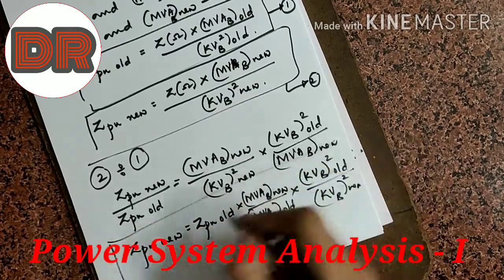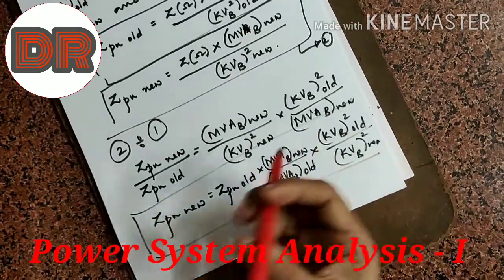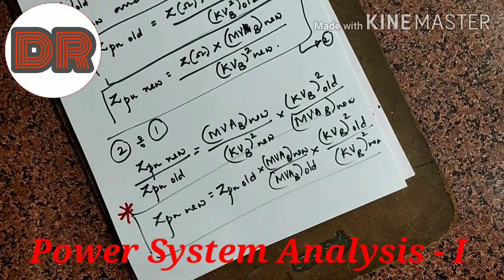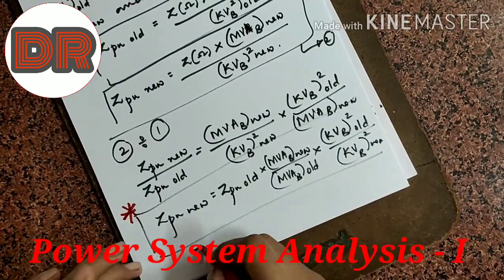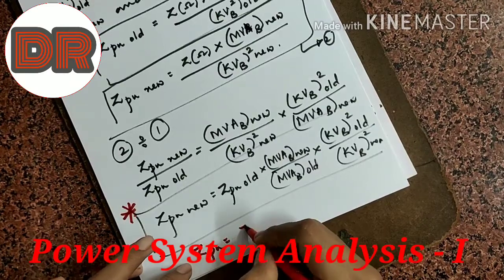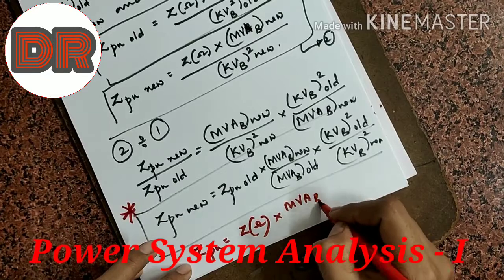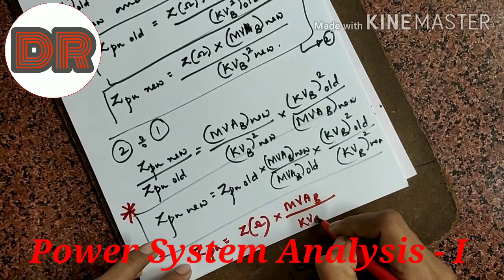So this is one more equation which is very important for the analysis of power systems. We have seen two equations. One is Z per unit equal to Z in ohm into MVA base divided by kV base square.